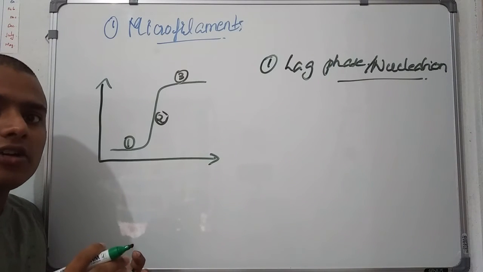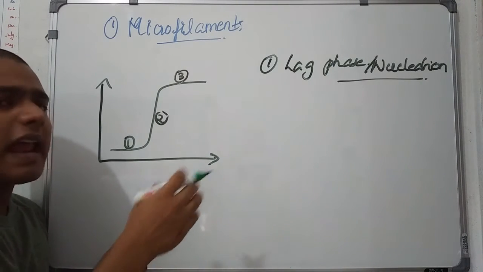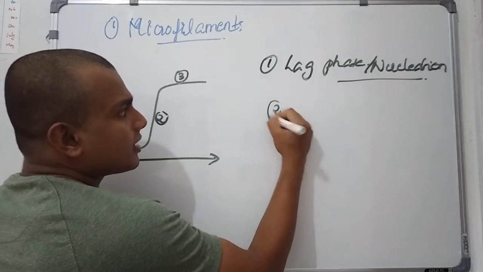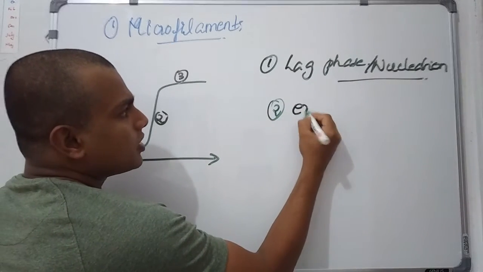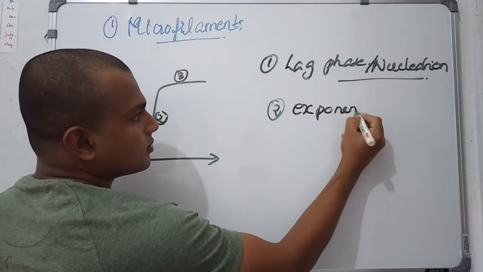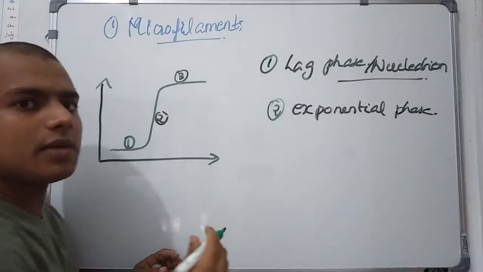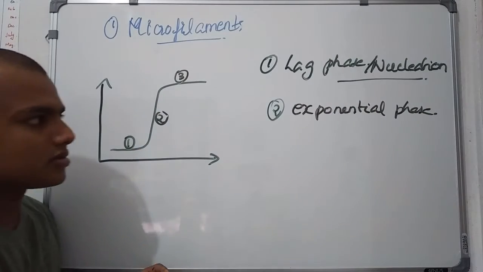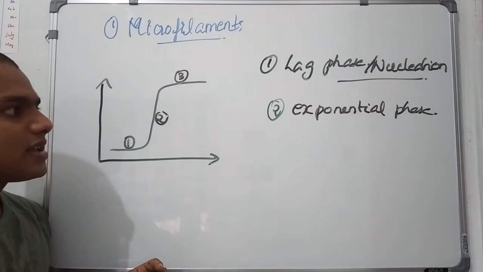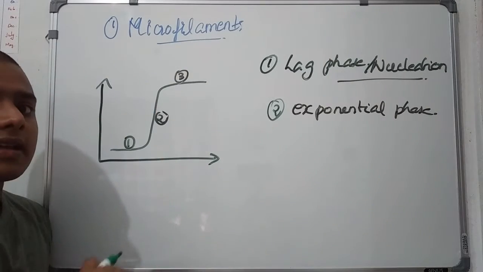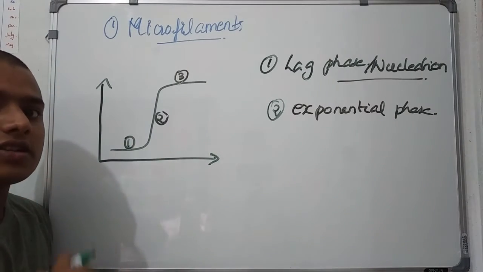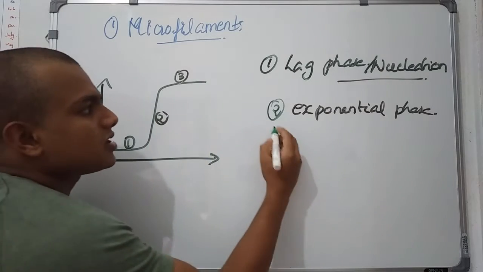That arrangement is occurring during the lag phase. The second phase is exponential phase. Exponential phase is when the polymerization actually occurs. So, the polymerization starts in an accelerated, exponential manner. So, it is called the exponential phase.